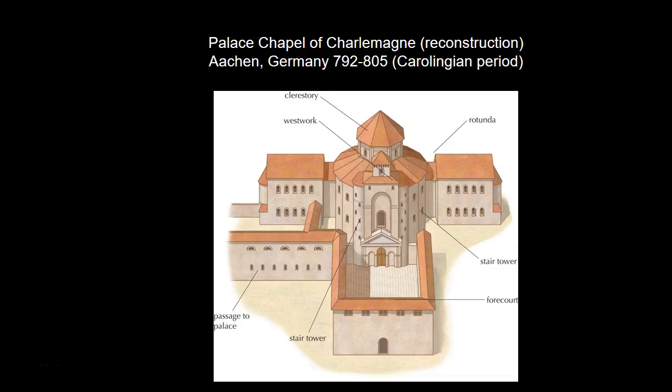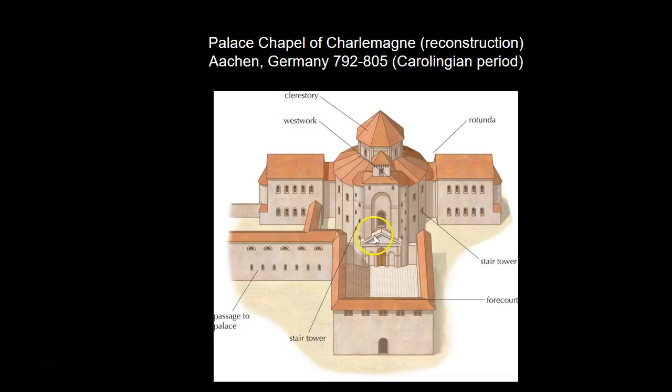What is the westwork? The westwork is the building up and decoration of the western entrance to a church. Okay, so we haven't seen much or any of this yet. It is something that's going to become a very important part of the cathedrals and churches of chapters 16 and 17, and it's beginning here.